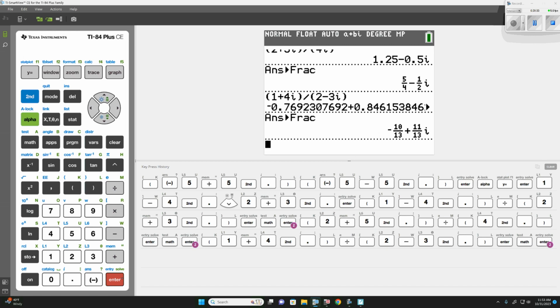Math. Enter, enter. Yep. I think at this point you all have it, yes?